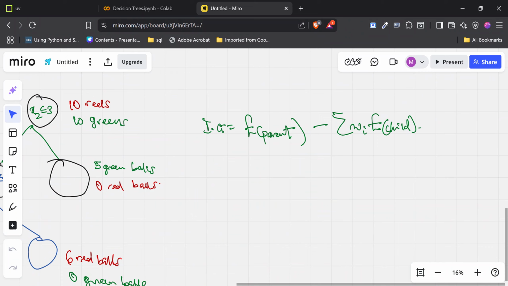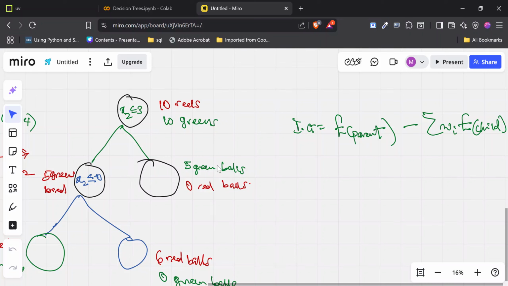Like I said earlier, entropy is the measure of impurity, and it ranges between 0 and 1. If something is pure, like for example this clean, pure node here, entropy is going to be 0. And in this case, this is a perfectly impure node, and entropy is going to be 1, absolute 1.